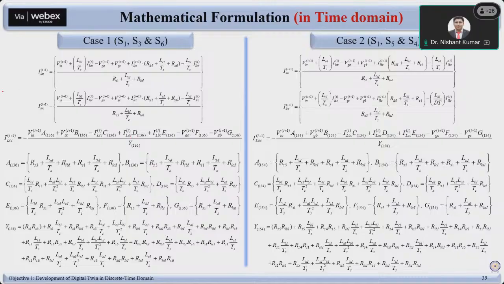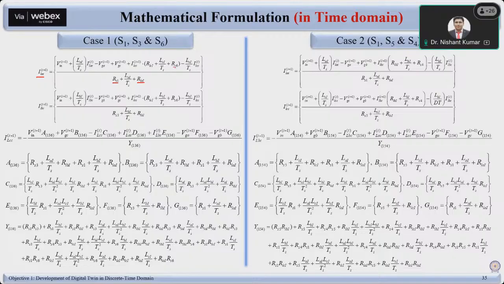In these equations, suppose this equation is for the inductor current. In this, you will see that all those things are considered. For example, you will see here RS1, which is the resistance of switch 1. RLAI is the resistance of the filter interfacing inductor, phase A internal resistance.